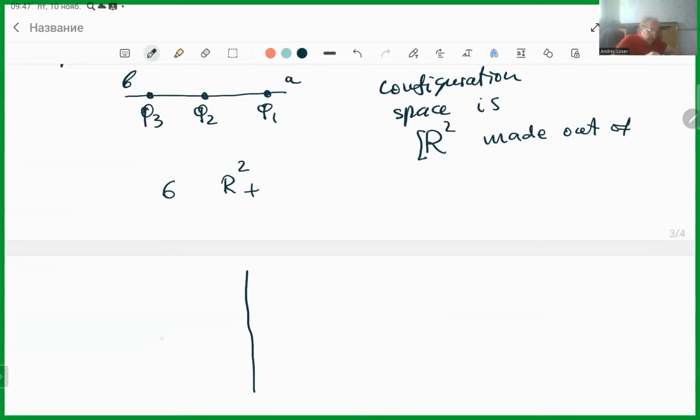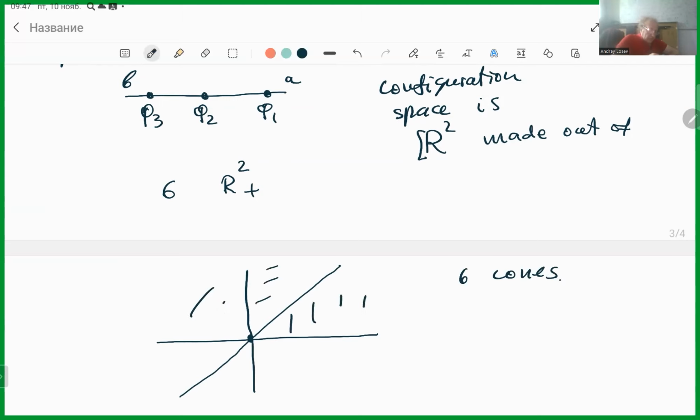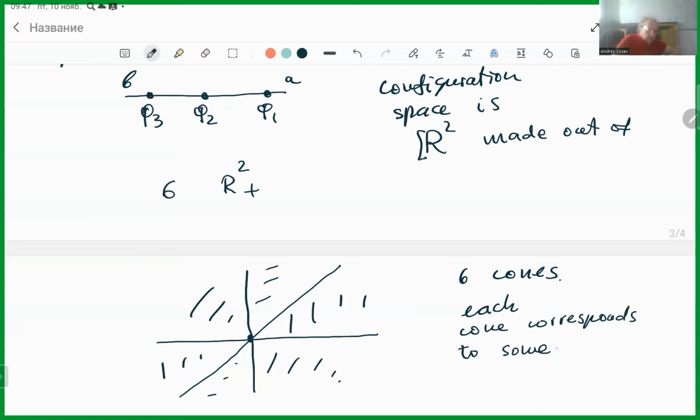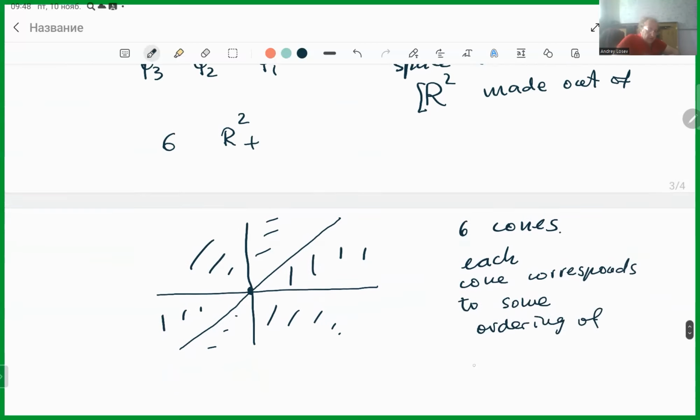The way to draw it is like that. We have 6 cones. Each cone corresponds to some ordering of phi i.